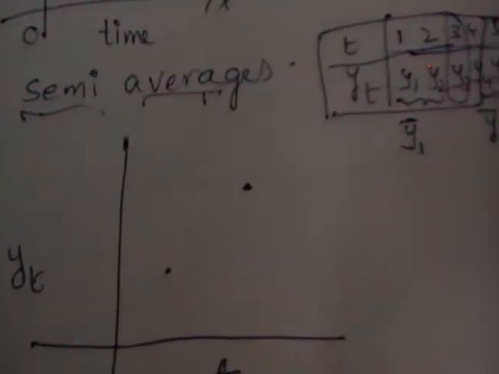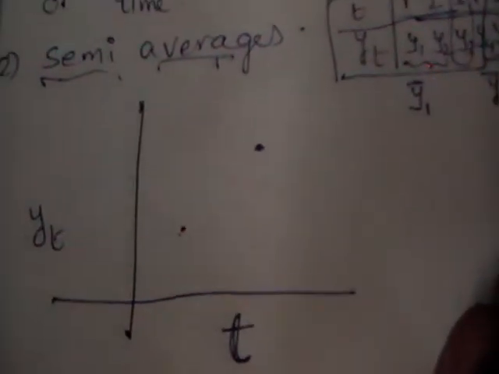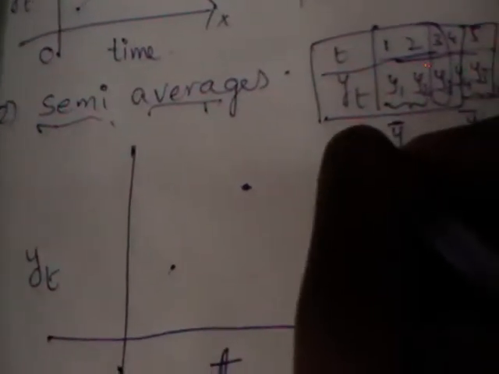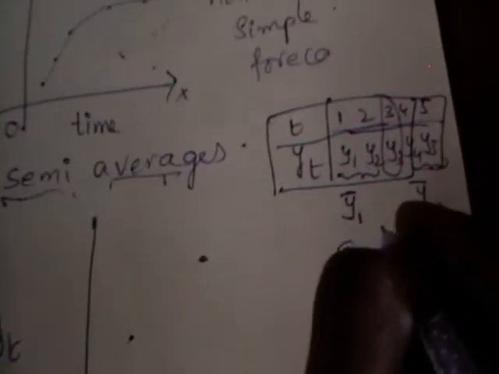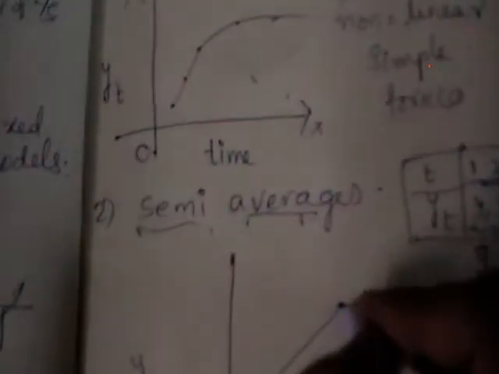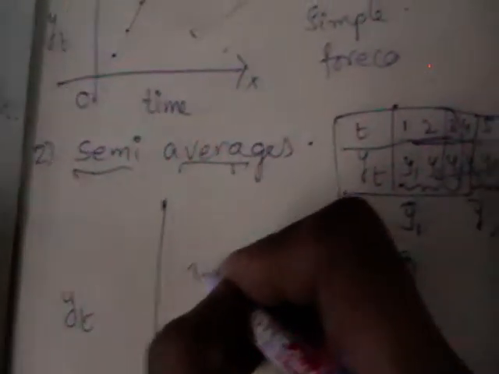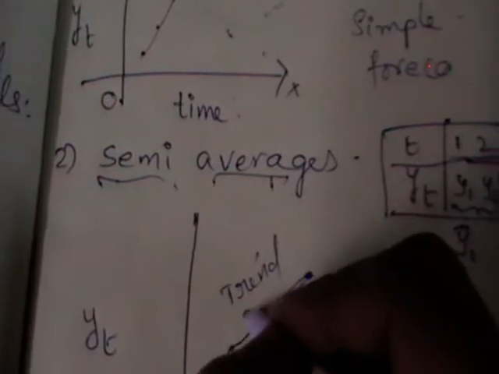Whether it is an even or odd number of observations, you are only going to get two averages, as you are dividing into two equal parts. Join those two points. By joining those two, you get the trend line for the given data.